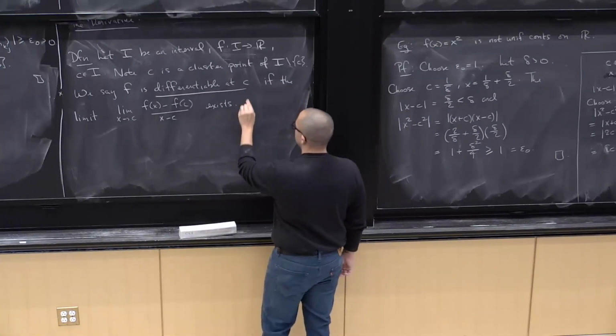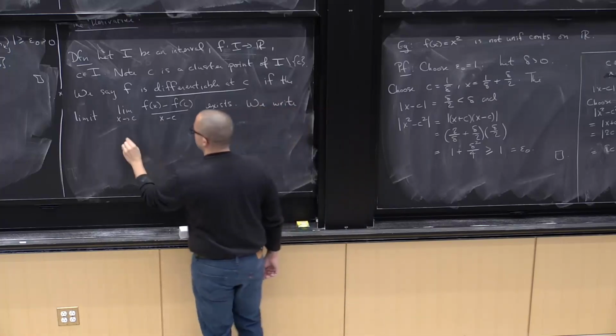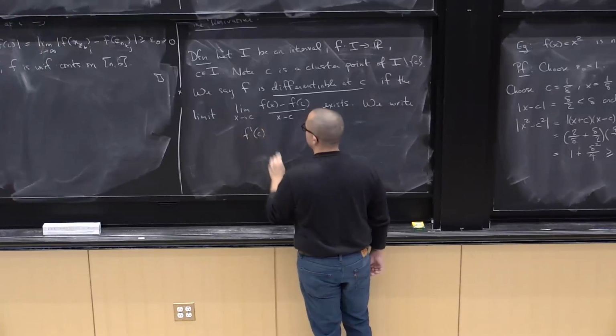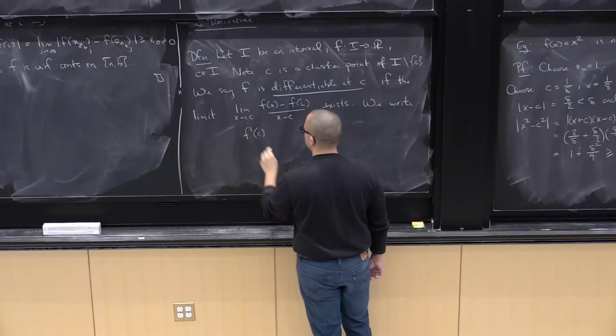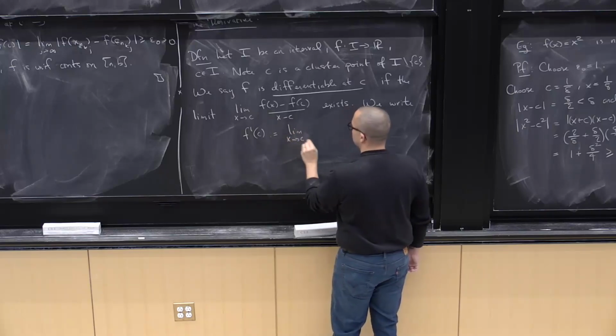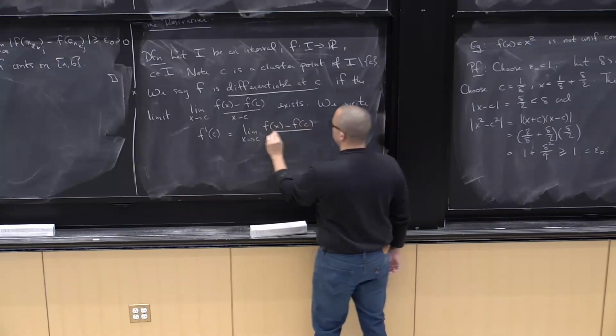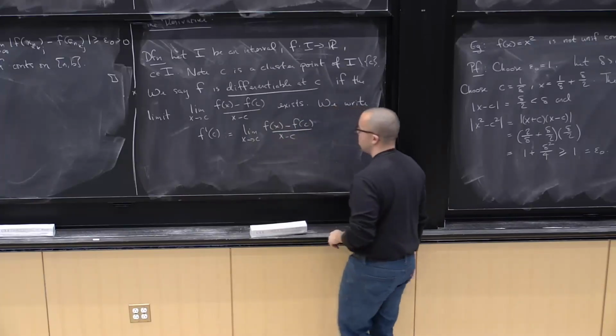And we use the notation f prime of c for this limit.